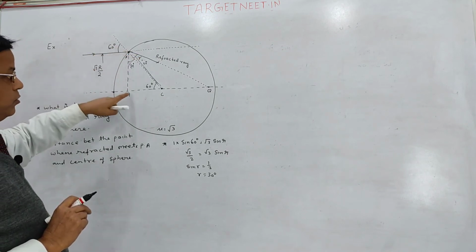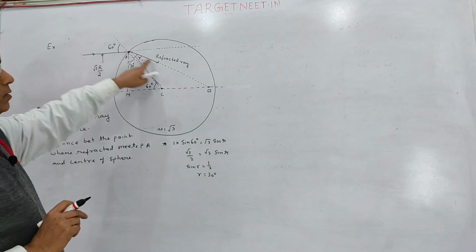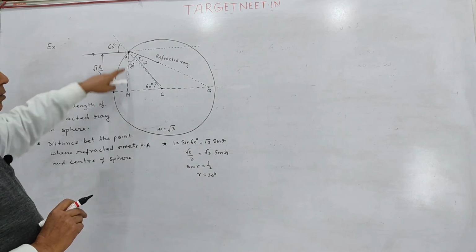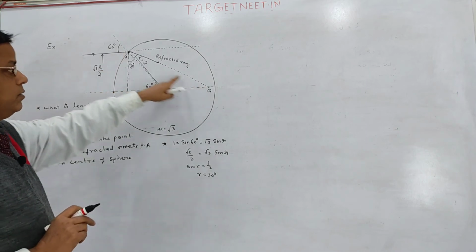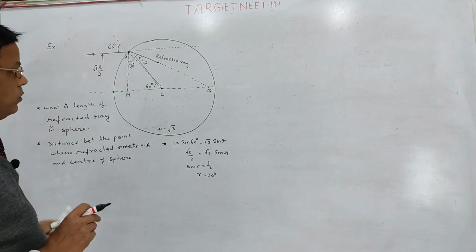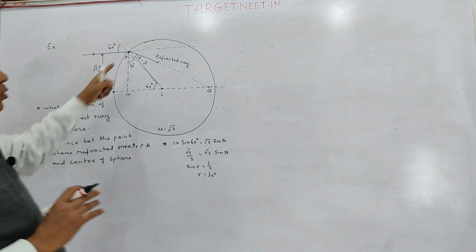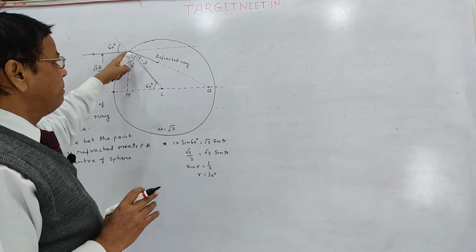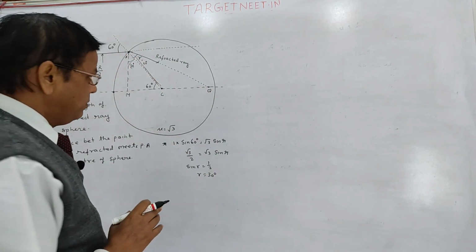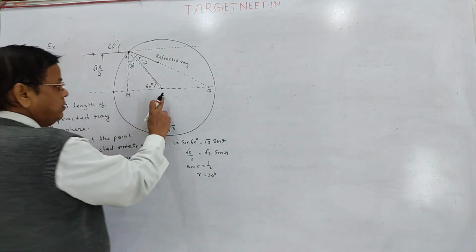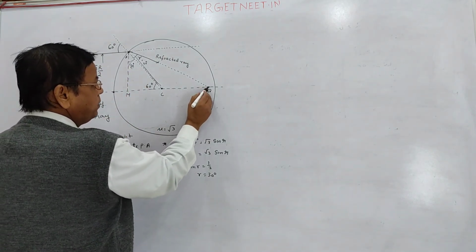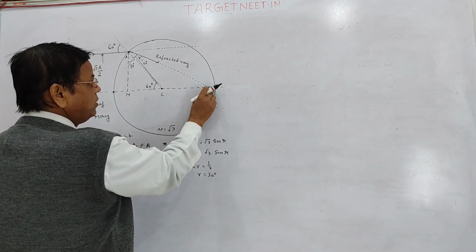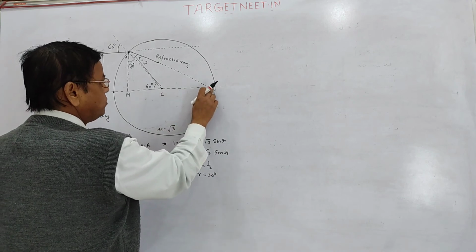So this is the base, this is the perpendicular, and this is the hypotenuse. So first we are going to find the hypotenuse, because this is the length of the refracted ray in the sphere. Or first find CQ, because if it goes here, then this length we have to add. So let's find CQ first.